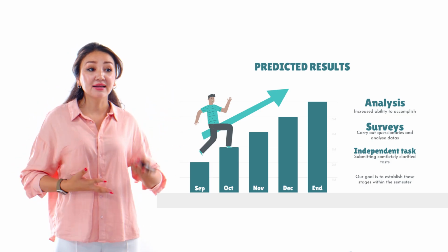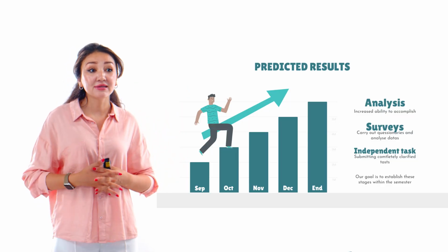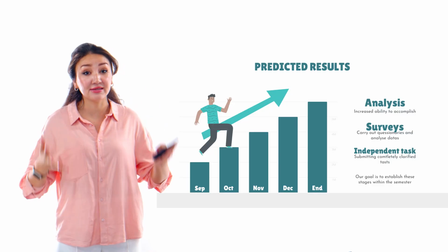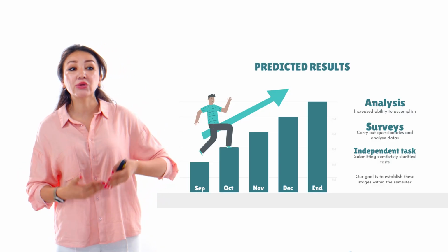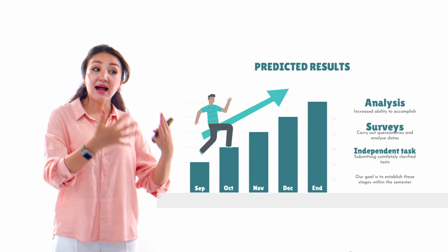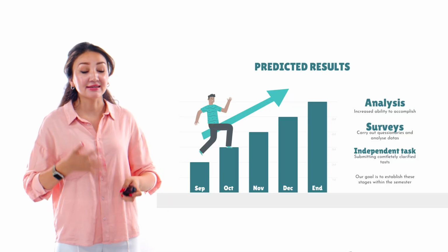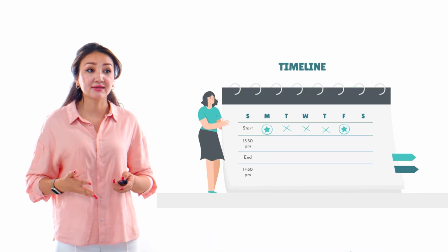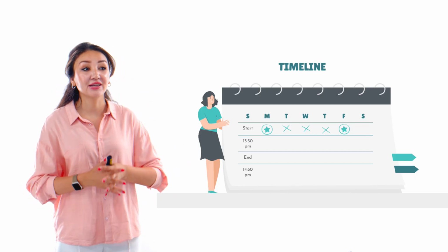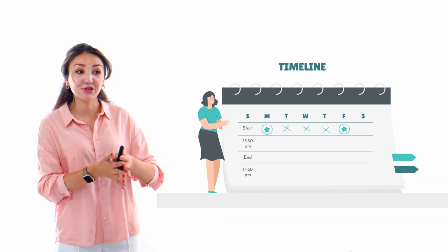Predicted results are divided into the semester. Our semester starts from September and ends at the end of December. During this time, you need to follow the guidelines step by step, and at the end successfully submit your tasks. Regarding the timeline, we have a class twice every week.